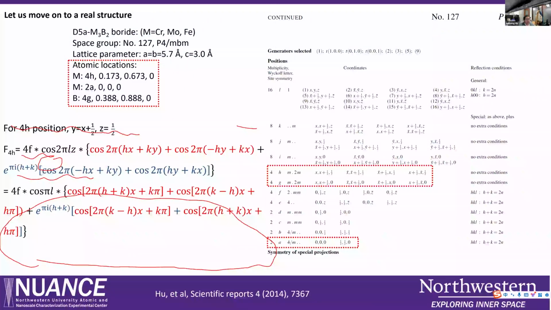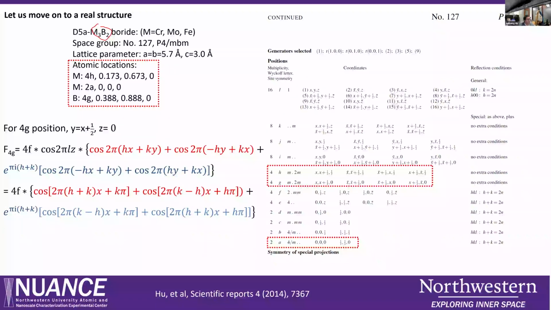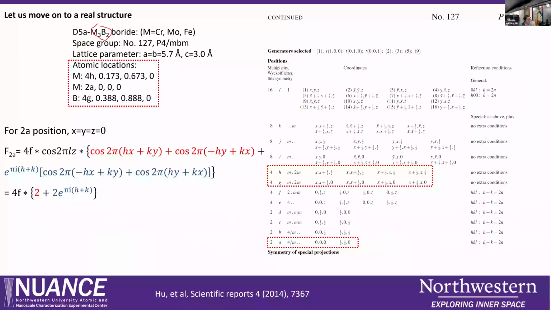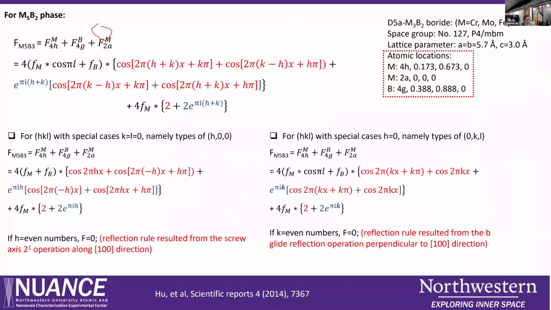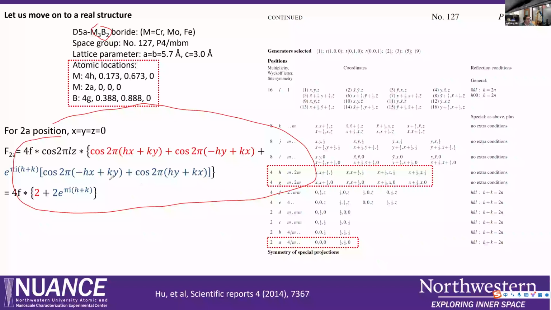So this is another one. We do another calculation for a real phase like this boride, and you find the atomic locations. You put them together in a structure factor. Then you can do some calculations. Finally, you arrive here. You can read in detail when you go back.